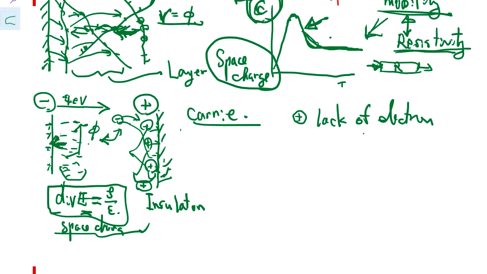We call it a hole in semiconductor terminology. What is a hole? A hole is when an electron moves away from the orbit, so you have one space for another electron to move in. And this can be a carrier too, because you can move an electron from the next door neighbor, and from next door.